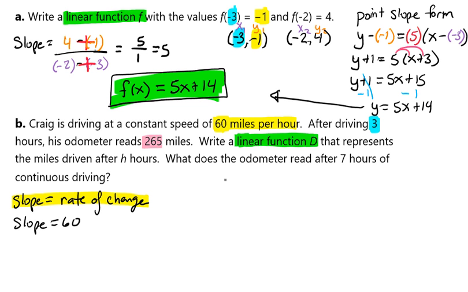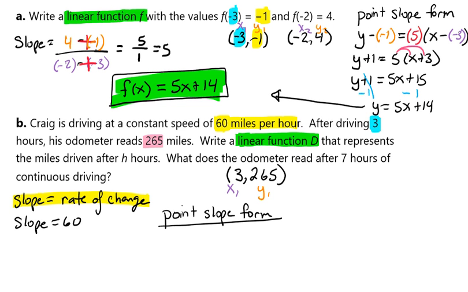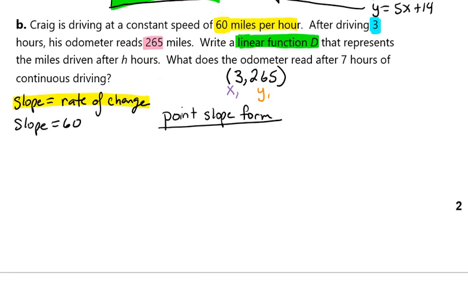So we're able to say that after 3 hours, we've traveled 265 miles. And so we have an x1 value and we have a y1 value. So we have a point and we have the slope. So we want to use the point-slope formula here. So remember that point-slope formula is y minus y1 equals m times x minus x1.